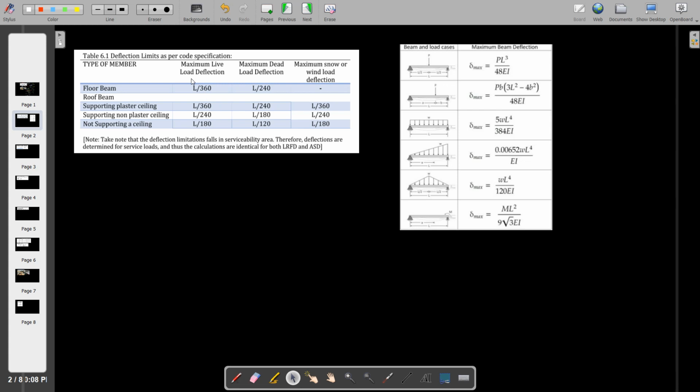So, kung gagamitin mong live load, then we have to focus on this column. Now, if you're going to use the dead load, again, focus on the second column, and then snow load, wind load, deflection, ito na. Okay? So, of course, we should take note of the structural elements here.